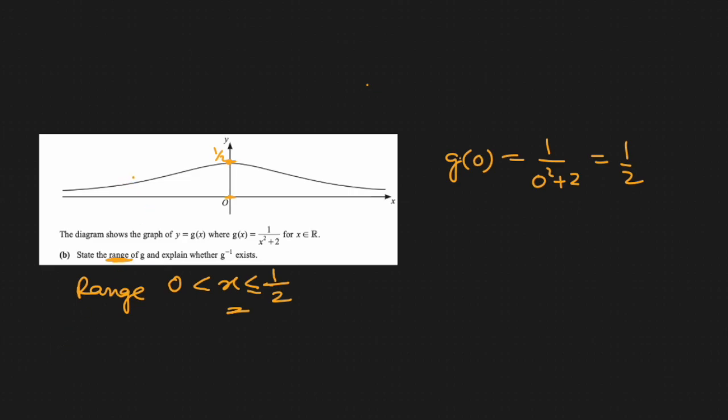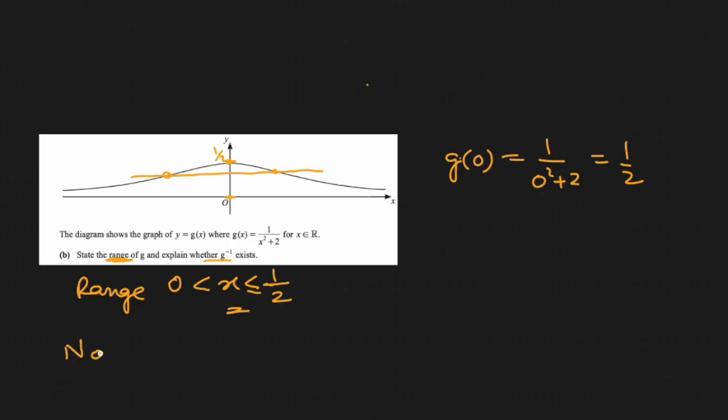Okay, and explain whether inverse of g exists or not. So you can see that if I draw a horizontal line through this, it crosses at 2 places. That means it is not a one-to-one relationship here. For an inverse to exist, we should have a one-to-one relationship.